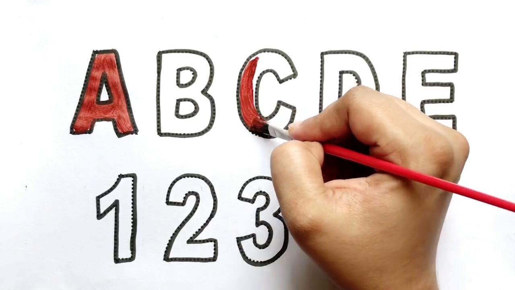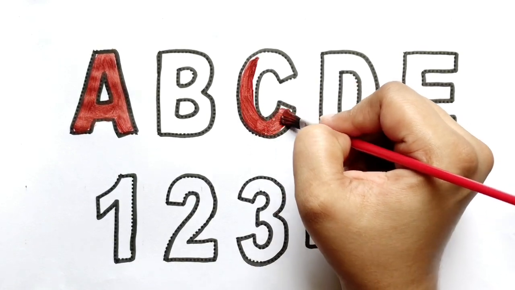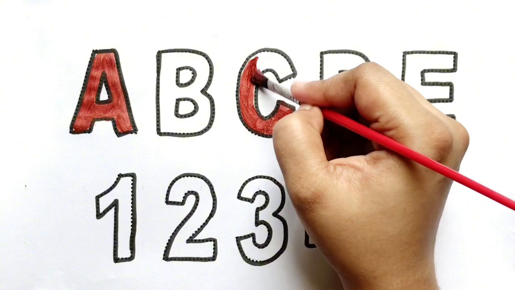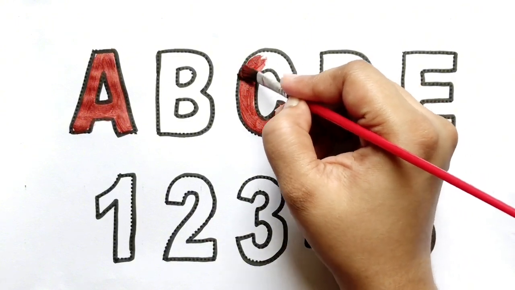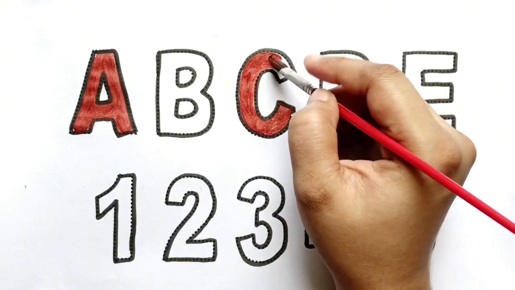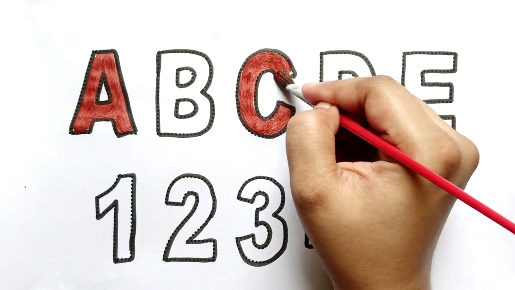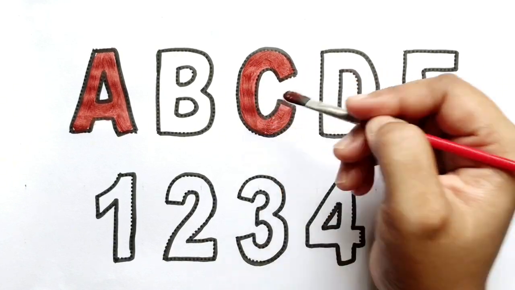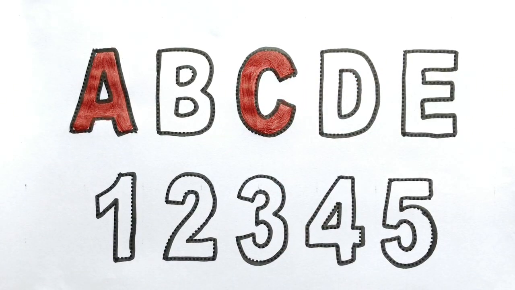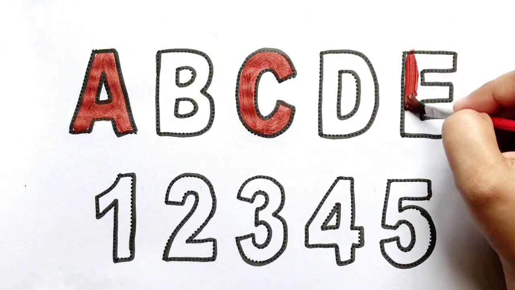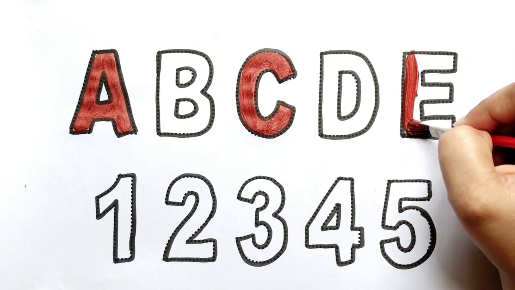Uppercase letter C. C for cow. Uppercase letter E. E for egg.